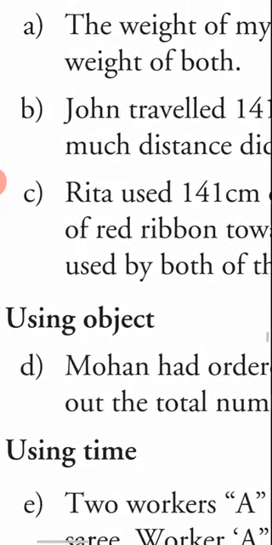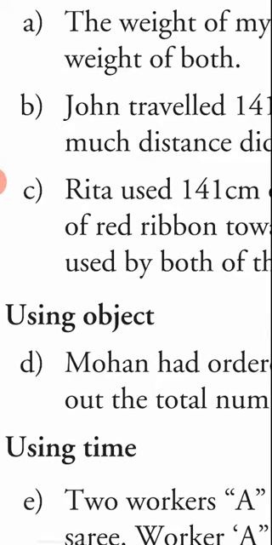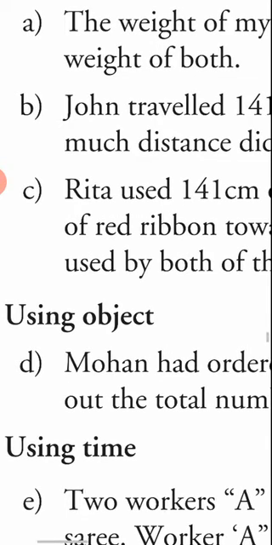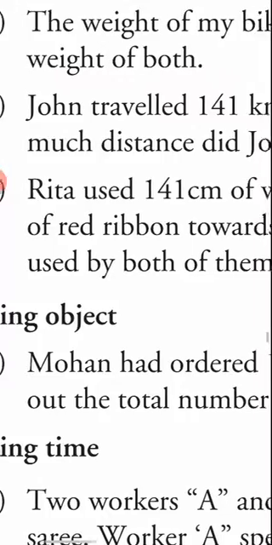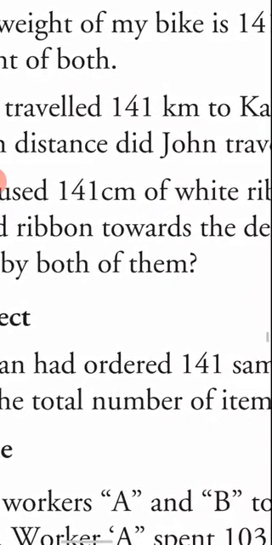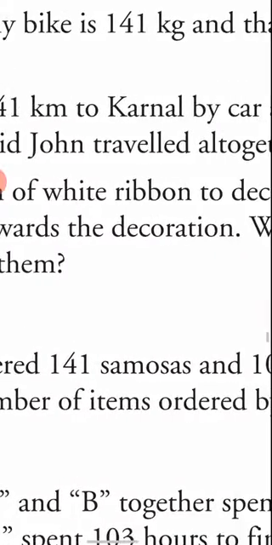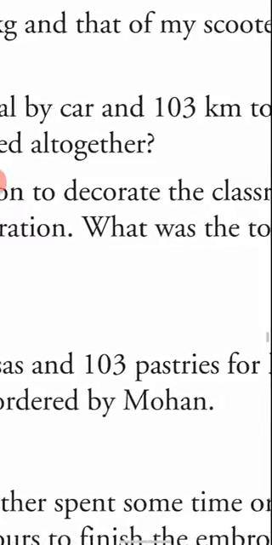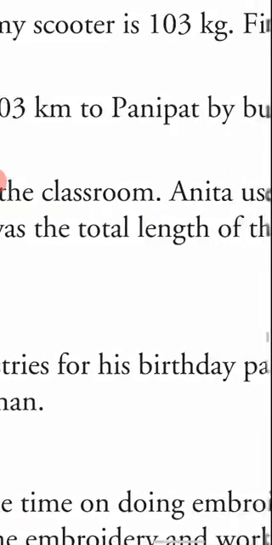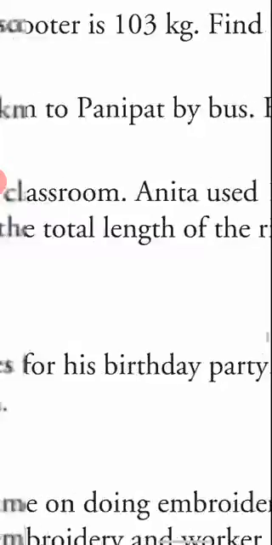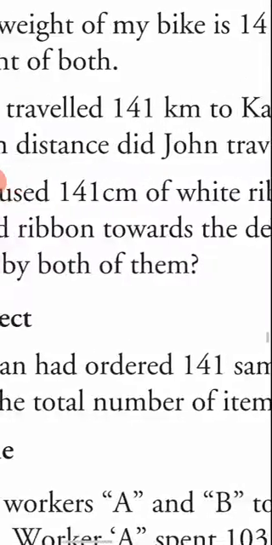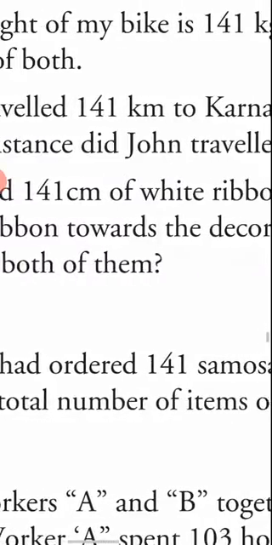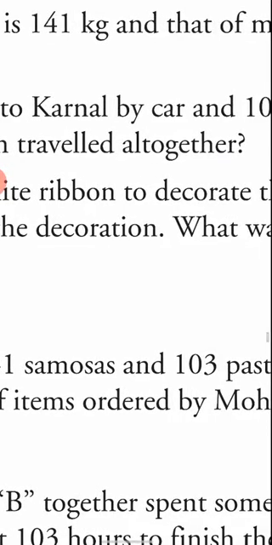Then you can see here we have another example in part B, where John travelled 141 kilometer to Karnal by car and 103 kilometer to Panipat by bus. How much distance did John travel altogether?